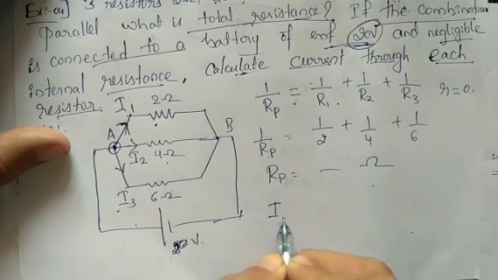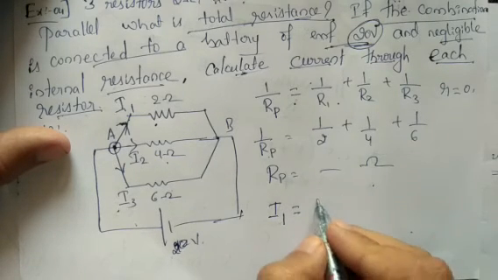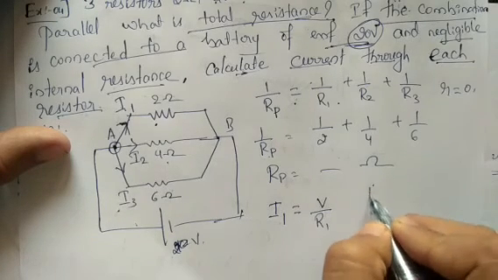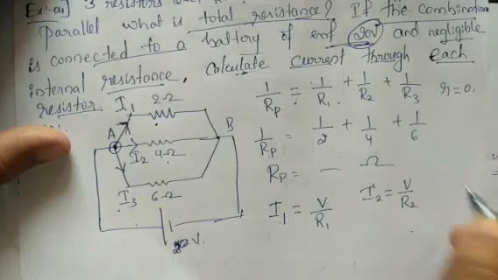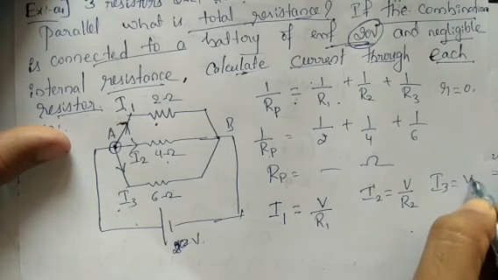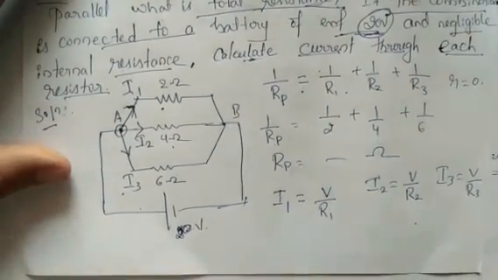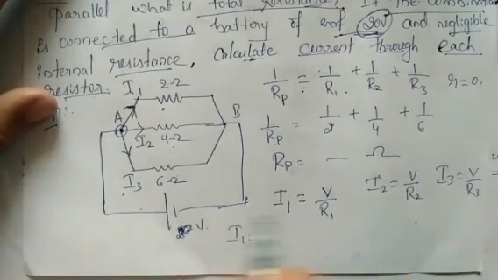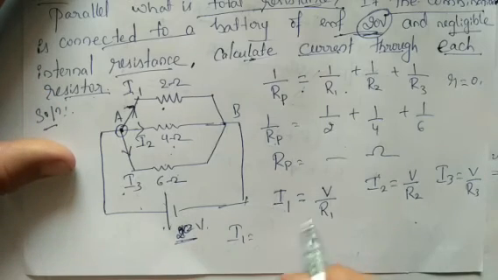I1 is equal to V divided by R1. Similarly, I2 is equal to V divided by R2, and I3 is equal to V divided by R3. Substituting, the potential remains the same everywhere because of the parallel combination.